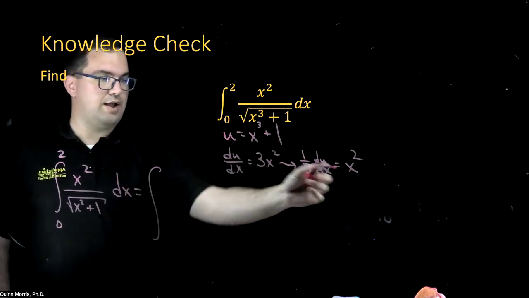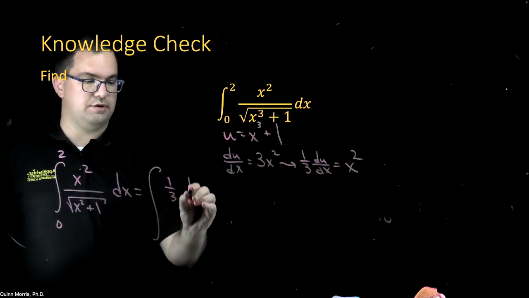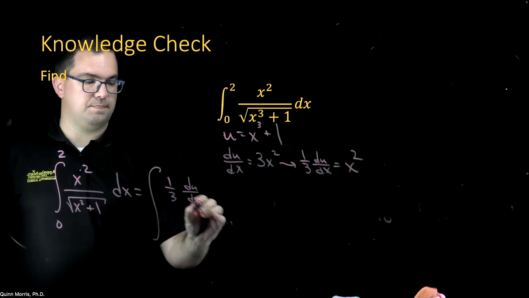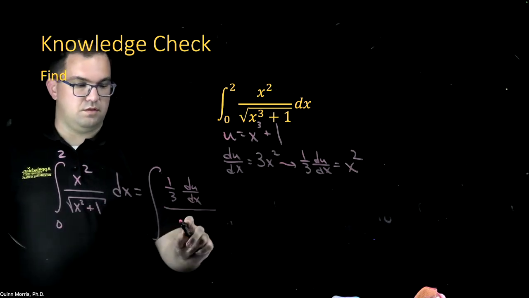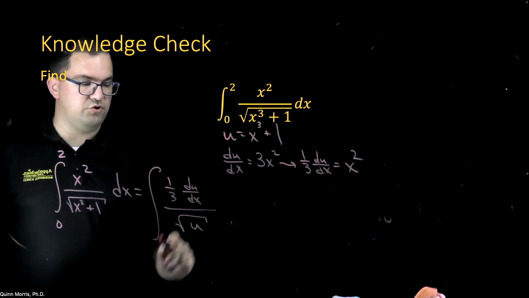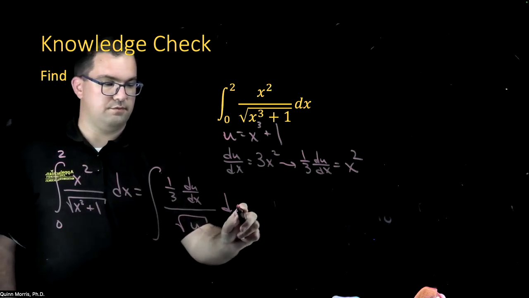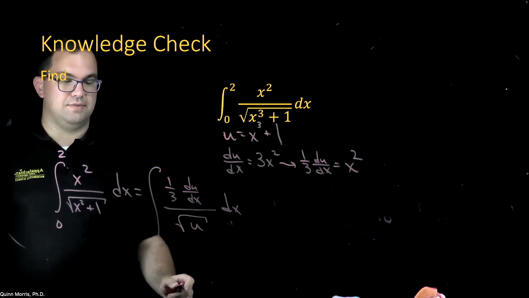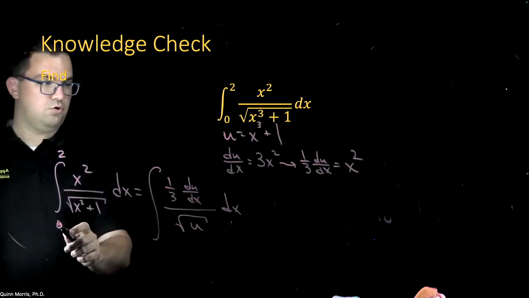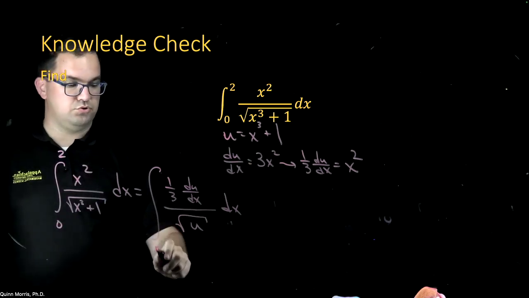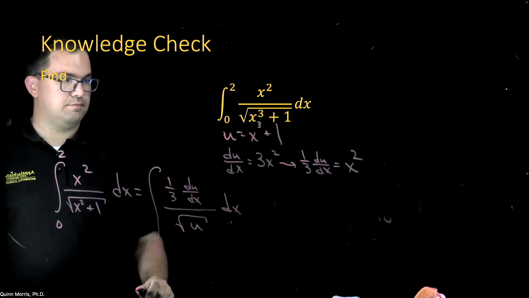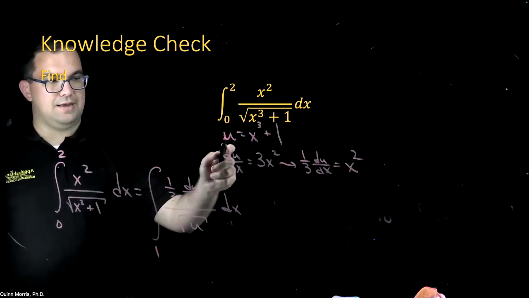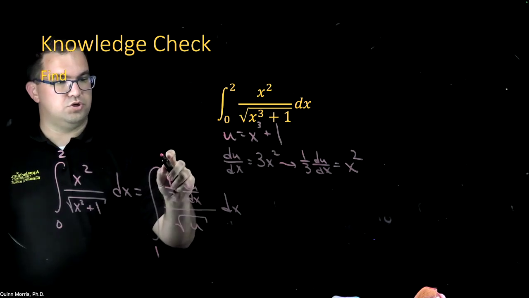So my x squared is going to become 1/3 du dx. This is going to become square root of u in the denominator. And now I'm also going to convert my limits of integration, right? So when x is 0, u should be 1. Okay. And when x is 2, u should be 9.